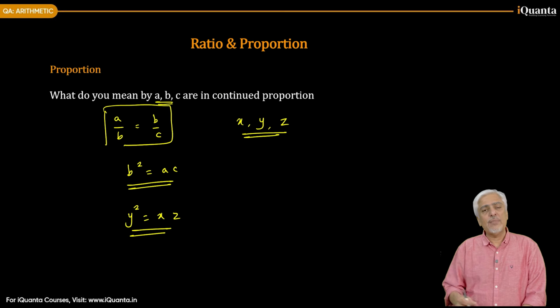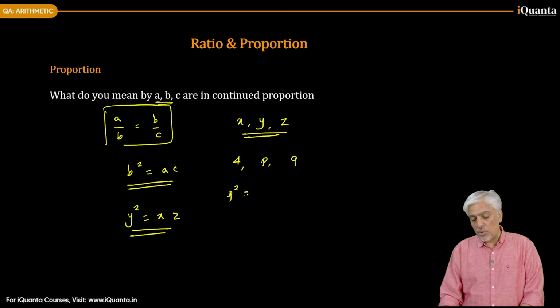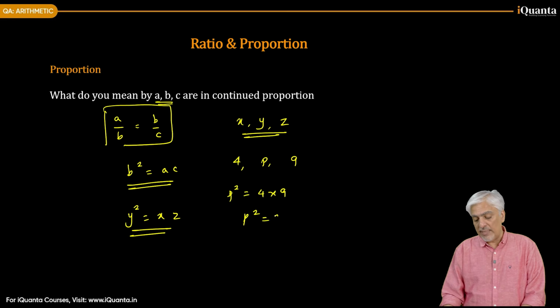Just for example, suppose I give you a question that 4P and 9 are in continued proportion. Can we find P? Yes, we can find P very easily. I'll get P square is equal to 4 into 9. I'll get P square is equal to 36, and therefore P can become plus or minus 6.